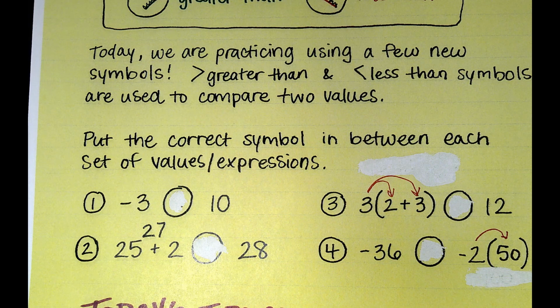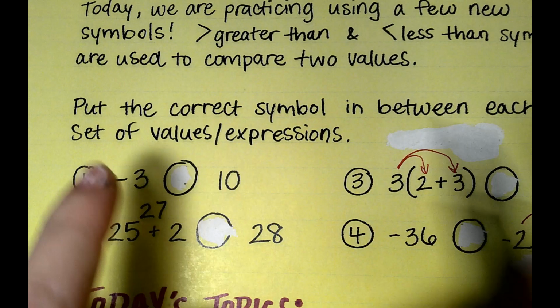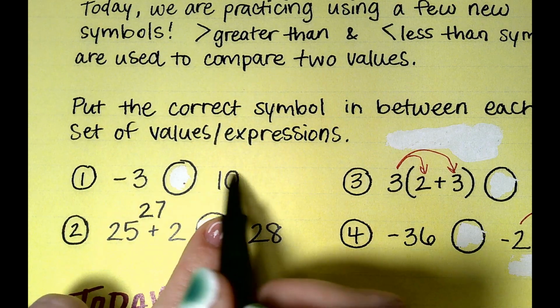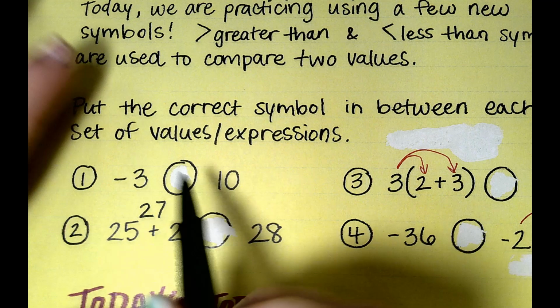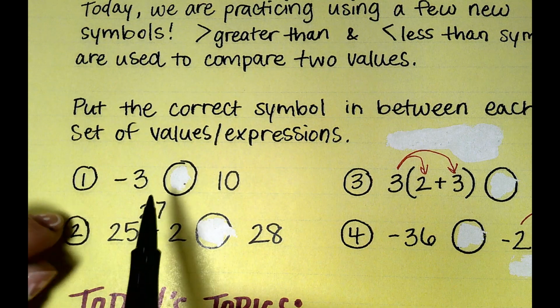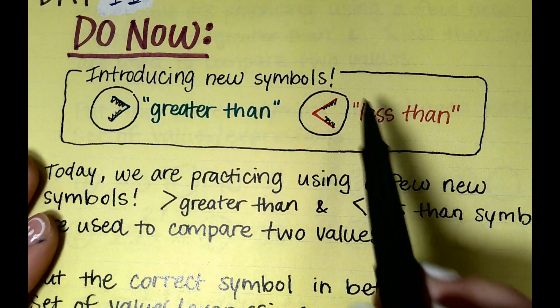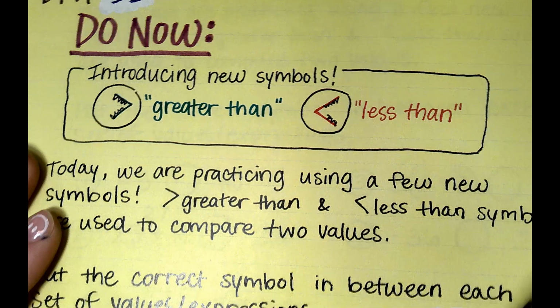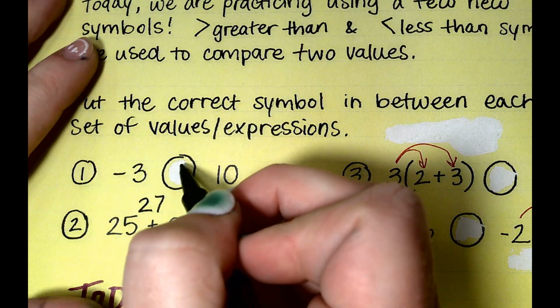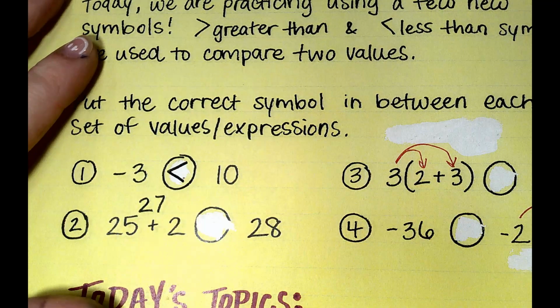Less. It's less than 10. So here's where you're going to understand the teeth that I put in. Because 10 is the bigger number, -3 is less than 10. This is the less than symbol. I'm going to write in less than.